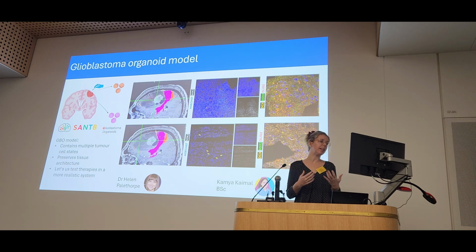However, now we have expanded on that model and are taking not only from the tumor center, but also from the edge of the tumor, where instead of having lots of tumoral cells that come from the center, we take from the border where we have just a few infiltrating tumor cells. So this gives us an idea of that population that is impossible to target with surgery. And rather, this is a population we want to target with chemotherapy or radiotherapy.